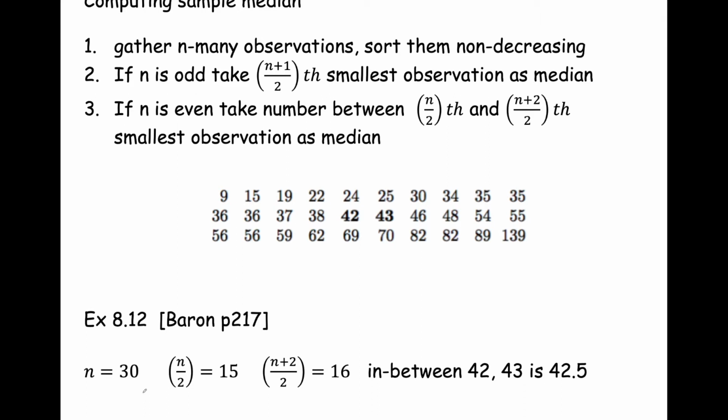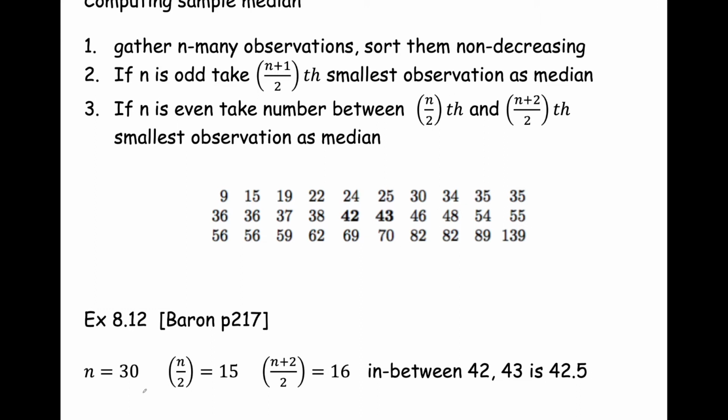So where we last left off, we talked about how you compute the sample median. We said that you take the middle order statistic if your number of samples is odd, but if your number of samples is even, you take the two middles and calculate the midpoint. So let's say we have n many observations, and in this case n is 30, it is even.